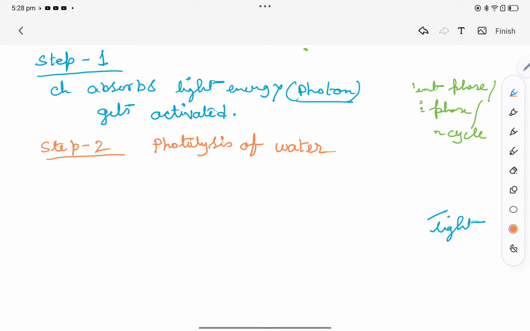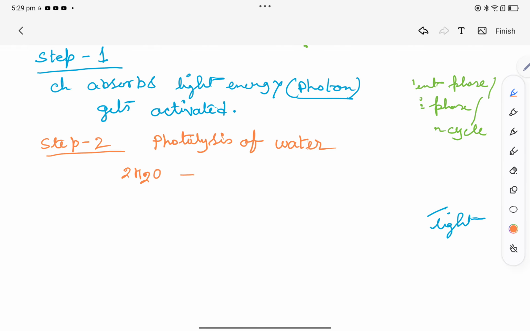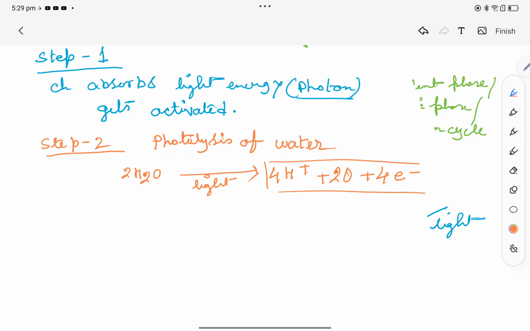As I have told you, in the light phase we need three things: water, chlorophyll and sunlight, and the water molecule gets split. By this activated chlorophyll, in the presence of light, the water molecule is broken down into hydrogen and oxygen. So this is what we get via photolysis of water.